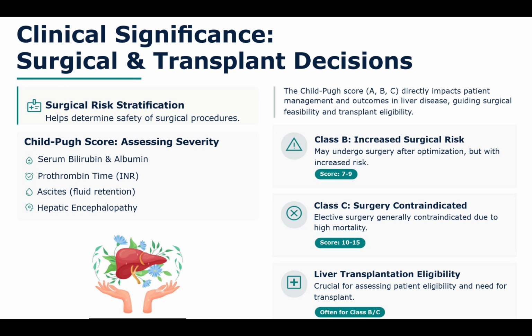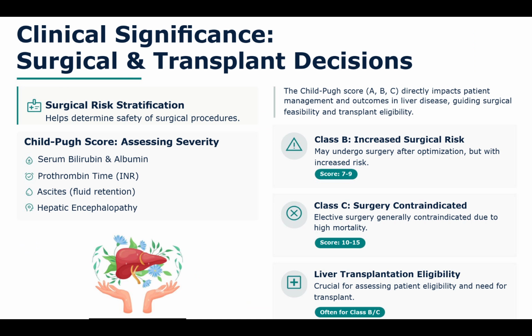Beyond predicting outcomes and guiding medical therapies, the Child-Pugh score is critically important for navigating complex surgical risk stratification. It rigorously helps clinicians determine the safety of various surgical procedures for patients with liver disease. For instance, a patient in Class B may proceed with surgery but only after careful medical optimization, as they inherently face increased risk of complications.